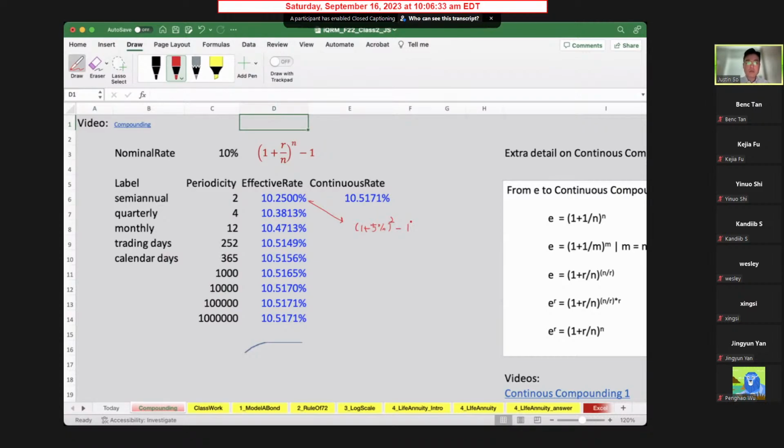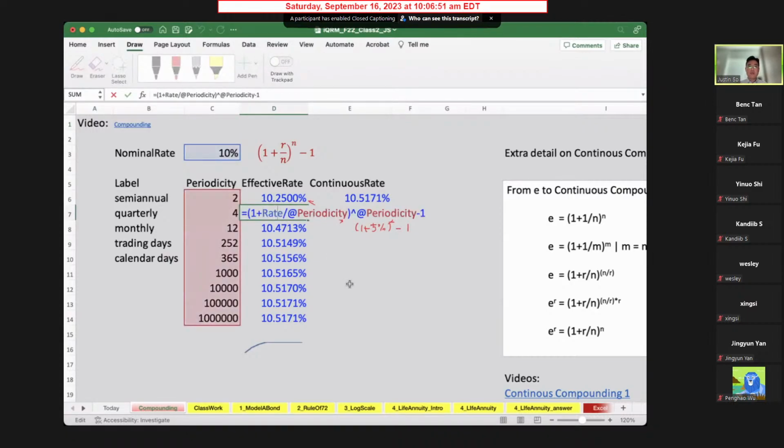minus 1, right? If you recall from the previous file, we calculated this 2 investments case, right? Same, quarterly compounding. There are 4 quarters in a year, so this formula stays the same.